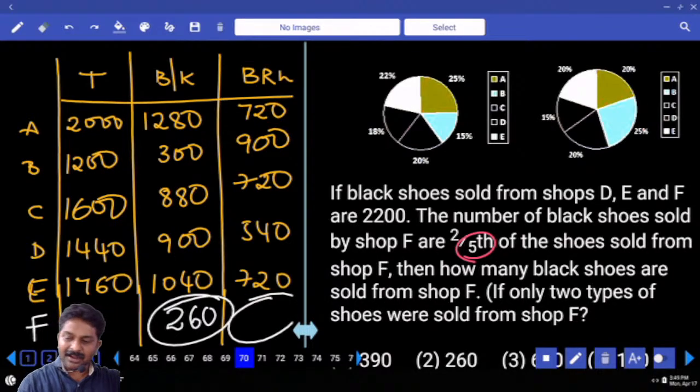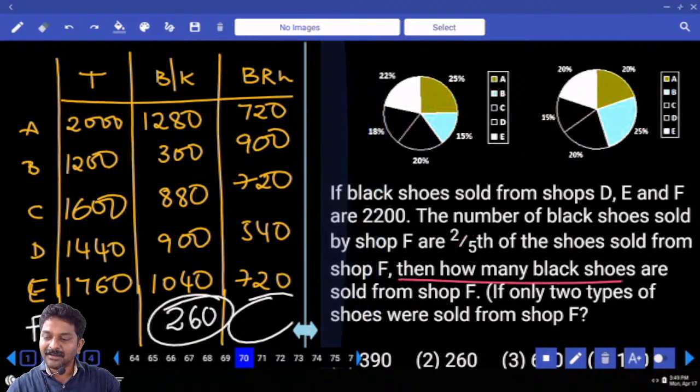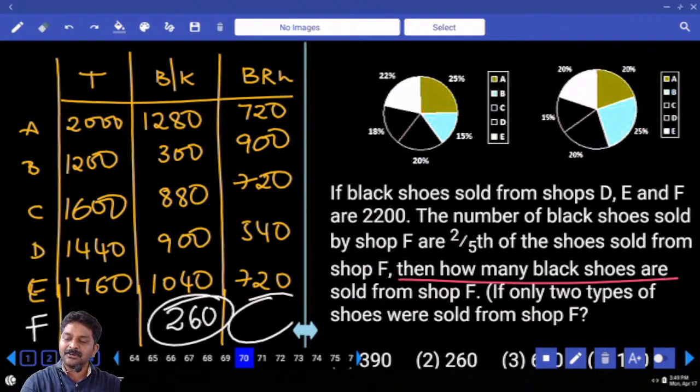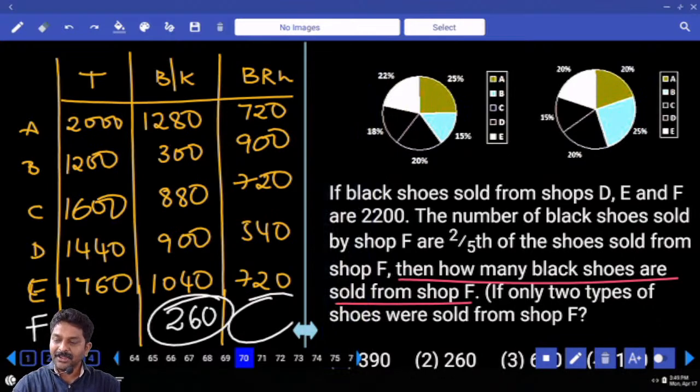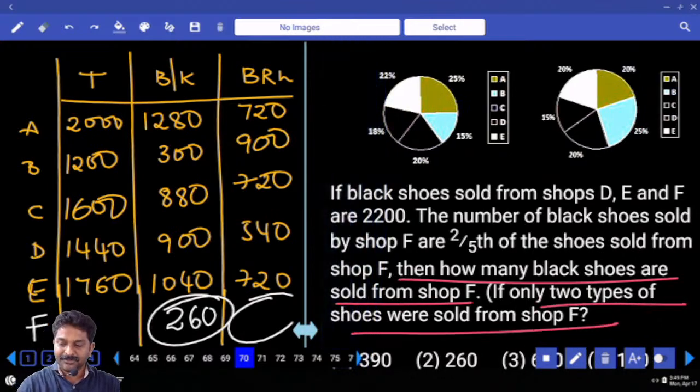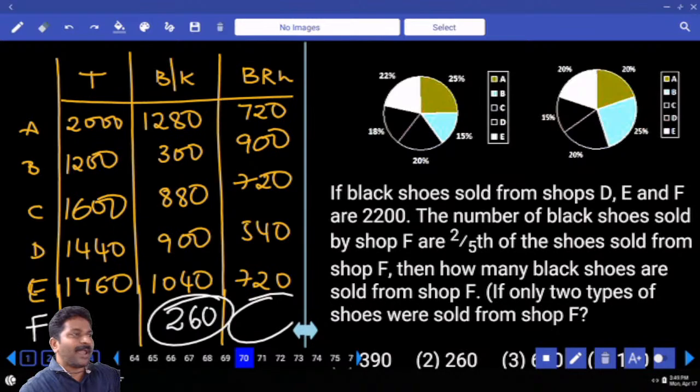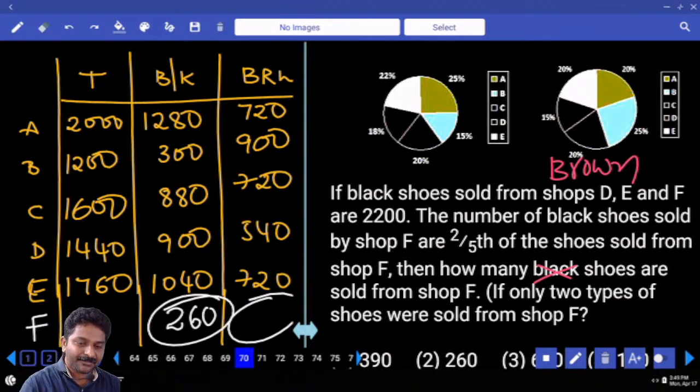Continue reading, don't calculate the value. Then, how many black shoes are sold from shop F? If only 2 types of shoes were sold from F. The question is about black only, right? And already we know that number, which is 260. In that place, if you are asked to calculate brown, then we need to calculate 3 parts. That would be 390.